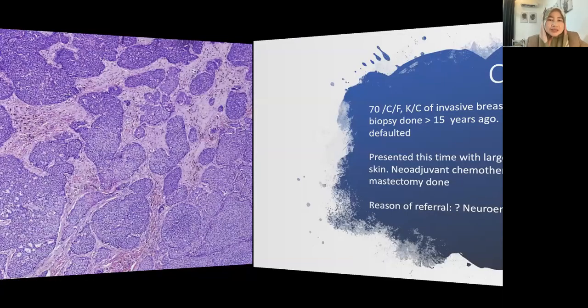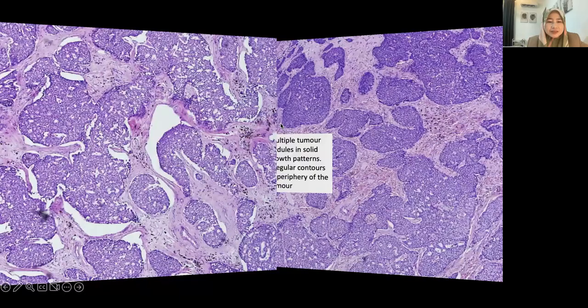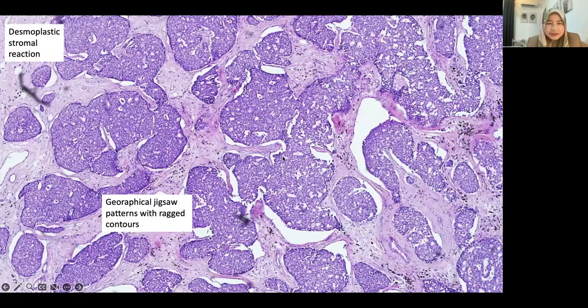All right. So what we have in this case is multiple tumor nodules in solid growth patterns with irregular contour at the periphery of the tumor. Okay. Look at the stroma. It shows desmoplastic stroma reaction, and look at the nodules.